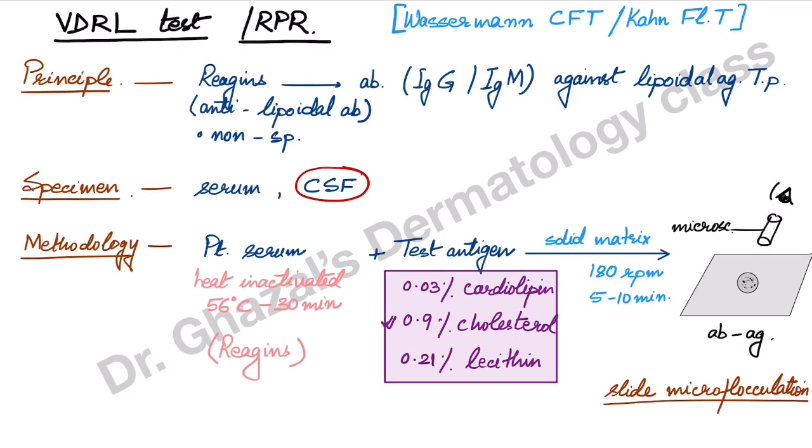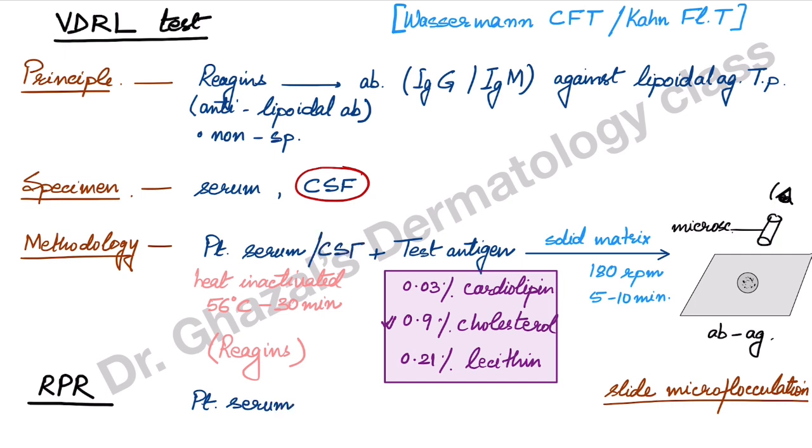Now the RPR test is a bit different. There is only a slight difference in RPR. It is done over patient serum. We cannot use CSF in RPR. So patient serum is mixed with the test antigen, but this test antigen has additional charcoal attached to it. So what happens?